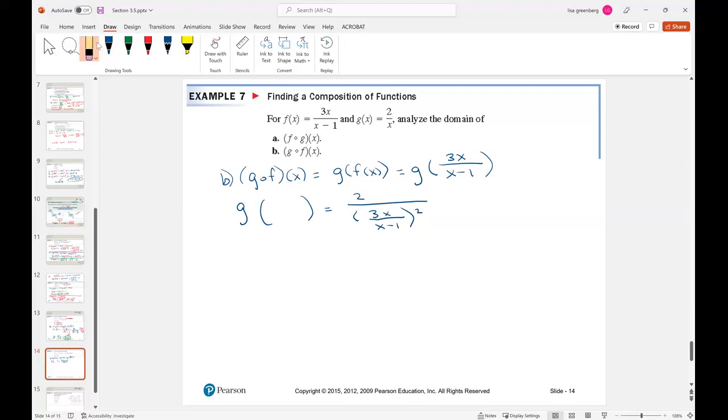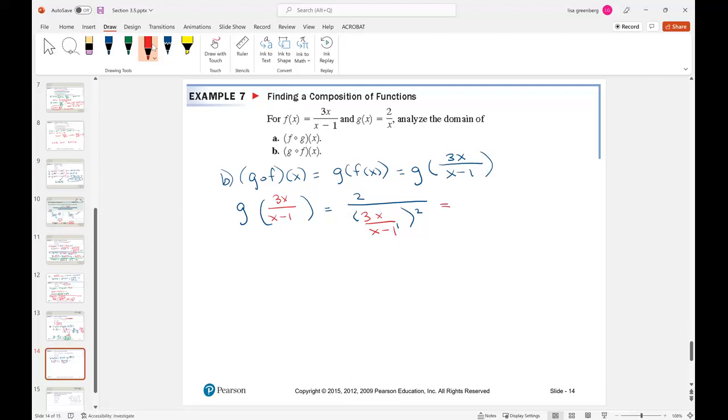Oh, sorry, I was just putting a parenthesis squared. No, wait, I'm sorry, I lost track. G is equal to 2 over, yeah, that's right, 2 over x squared. So I have, this is 3x over x minus 1, and this is 3x over x minus 1.